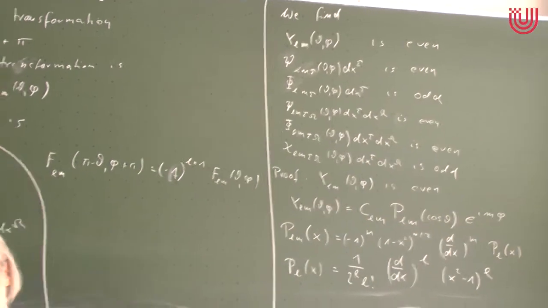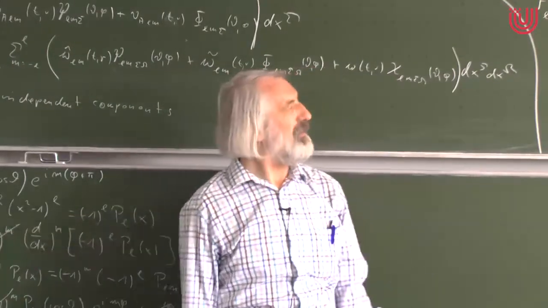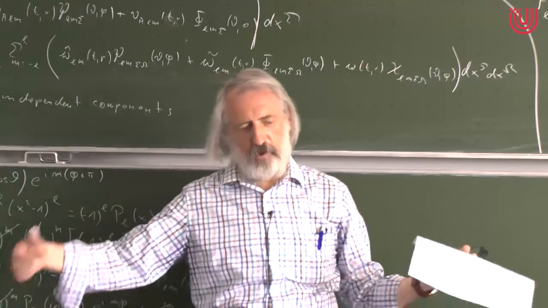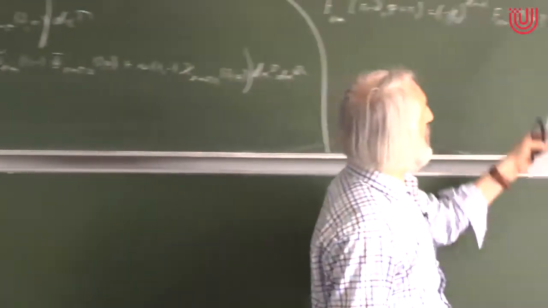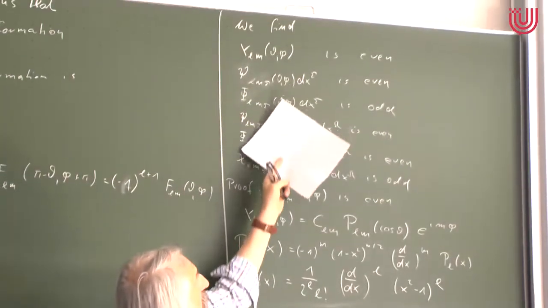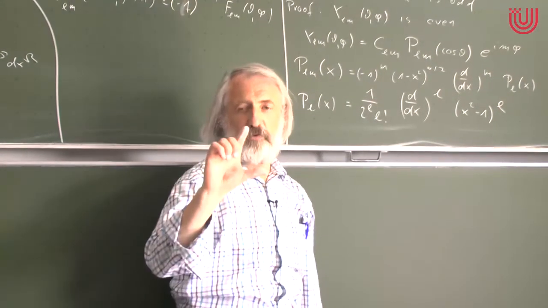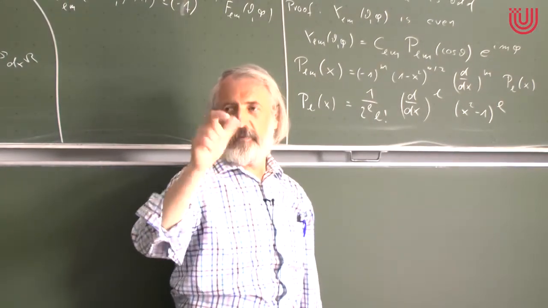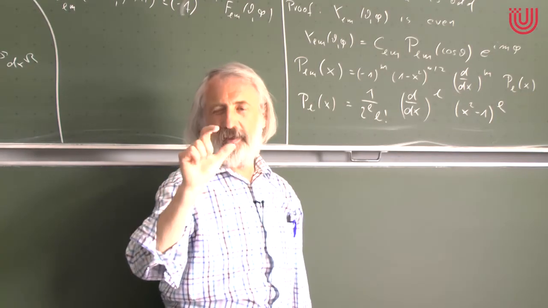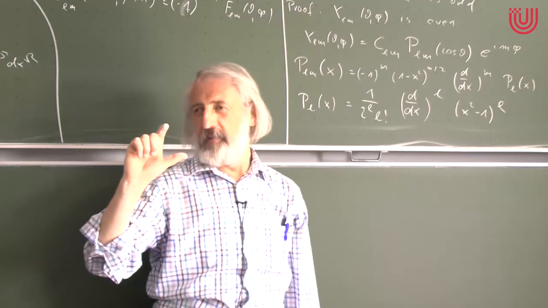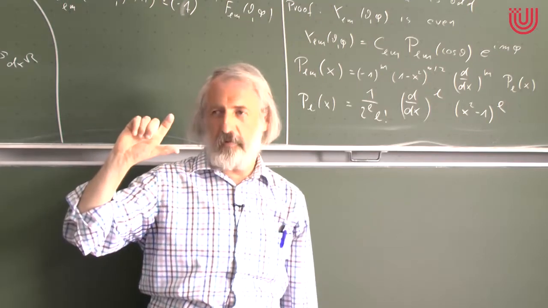If you expand the vector potential into spherical harmonics, and if you write this out in terms of the electric field and the magnetic field, then you will see that the electric field is associated with the even perturbations, and the magnetic field is associated with the odd perturbations. Yeah, the electric field is even under parity transformations. It's a polar vector, as one says. And the magnetic field transforms oddly under parity transformations.